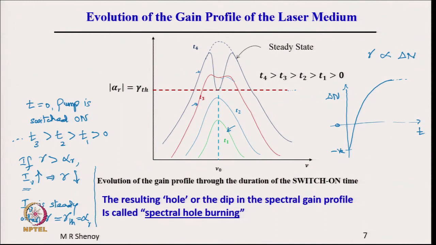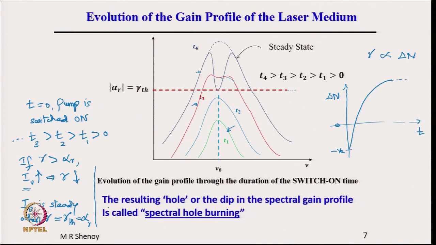So, what has happened to the gain profile? If you look at the gain profile, we see that in the profile there is a dip now, and this is called a hole in the gain profile, and the phenomenon is called spectral hole burning.